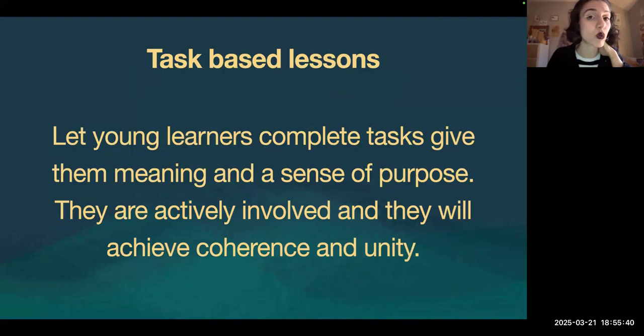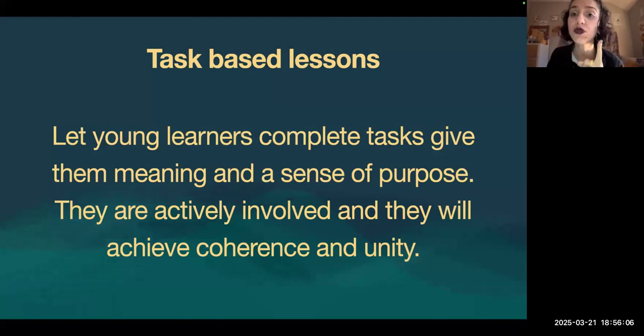Another suggestion is to make lessons task-based. This is a different approach that I think might be very useful. Letting young learners complete tasks gives them a sense of purpose and meaning. They are actively involved and they will achieve coherence and unity. If you give tasks, they have a purpose to follow. They have a goal, and children and young learners love achieving goals.